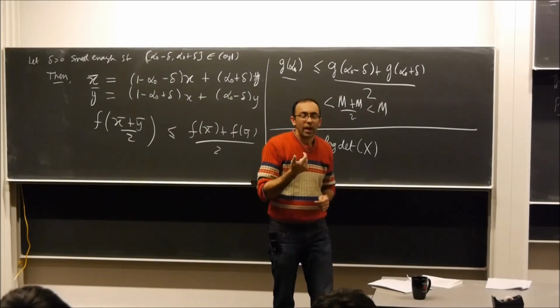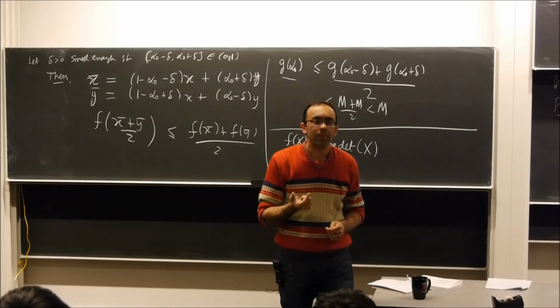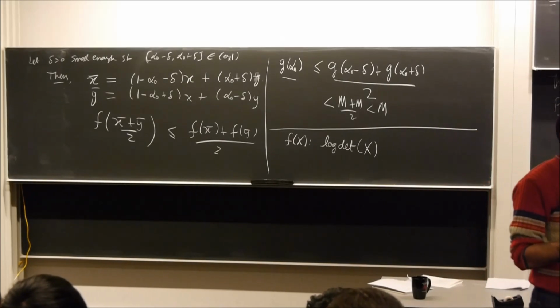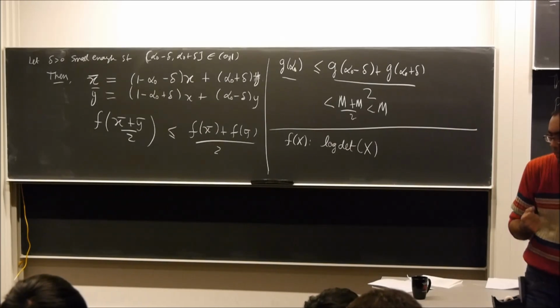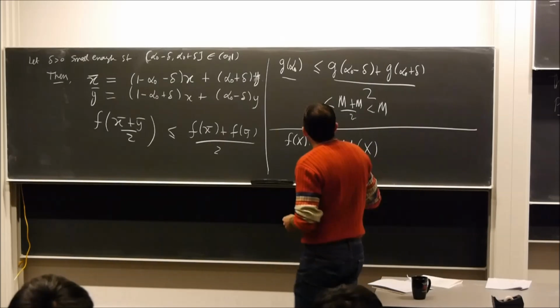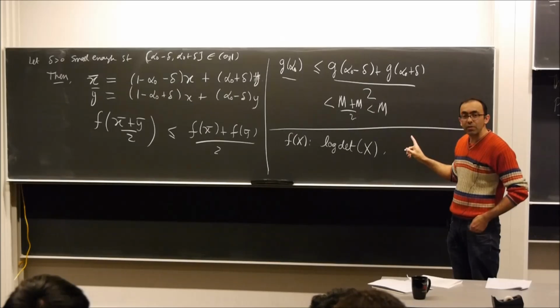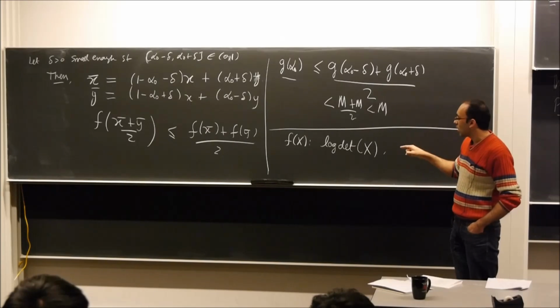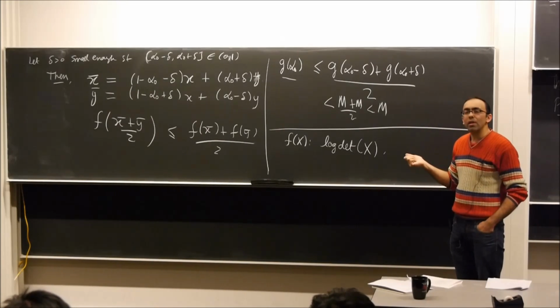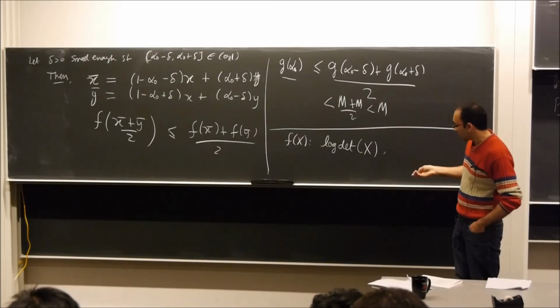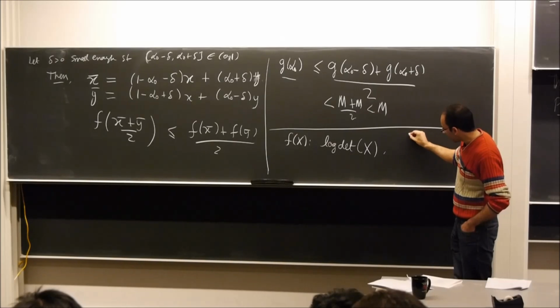So if f is convex, then minus f is called concave. And so now on the set of strictly positive definite matrices, you can call them Hermitian positive definite if you want, or let's just look at real symmetric positive definite matrices.